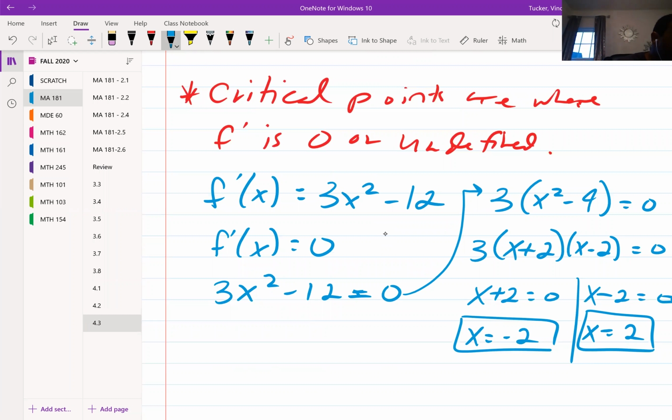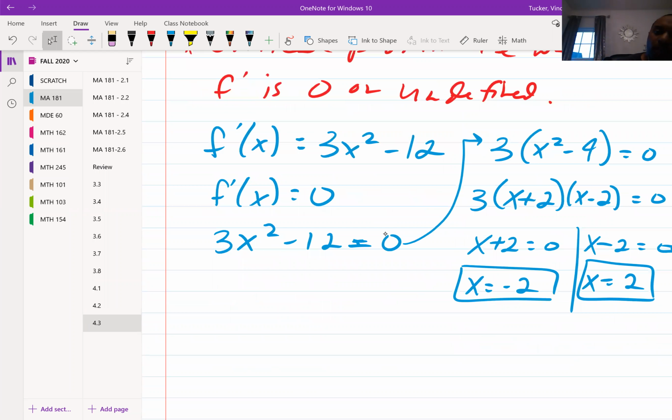All right. So what we're saying here is that we have our critical points, or in other words, our extrema. And so our graph is going to respond a certain way within these intervals.